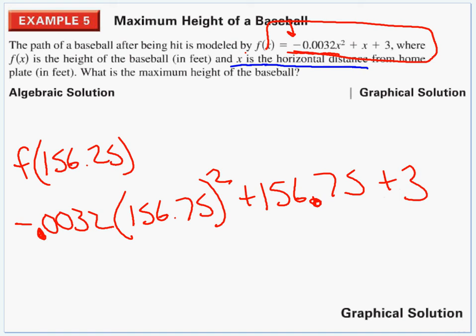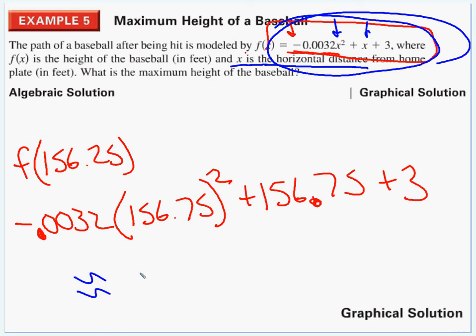So back up here to our original quadratic, I just took out the x's and replaced them with 156.25. And beep, beep, beep goes the calculator, and we get approximately 81.125 feet.